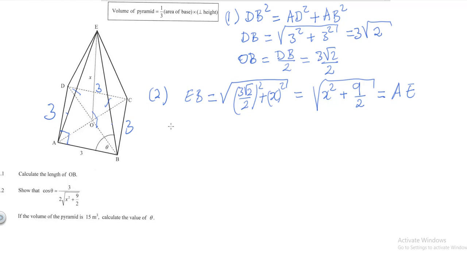What we'll do, we say AE squared will be equal to this side squared, AB squared, plus EB squared minus 2 times AB times EB and times cos theta.